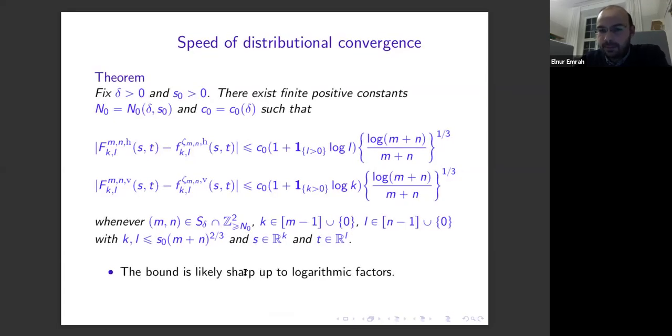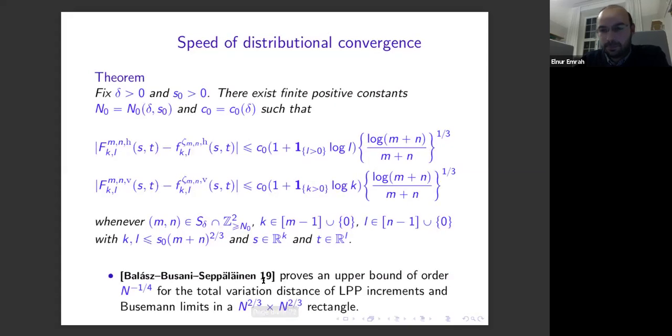So here, again, it's likely that the bound is sharp up to logarithmic factors, but we did not prove the matching lower bound. There is also a related result by Marton Balázs, Ofer Busani and Timo Seppäläinen that preceded this.